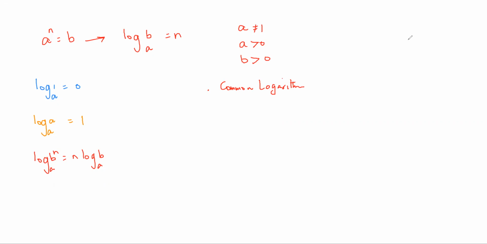Your calculator has a log key, where it is written log, or sometimes LG. That is the common logarithm, a logarithm whose base is 10. Since base 10 is commonly used in daily life, we call a logarithm with base 10 the common logarithm.